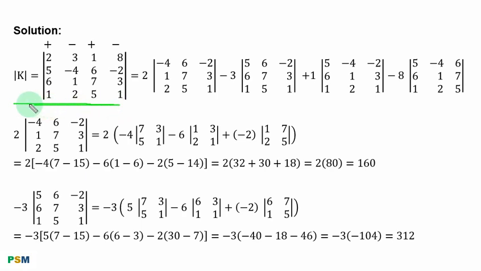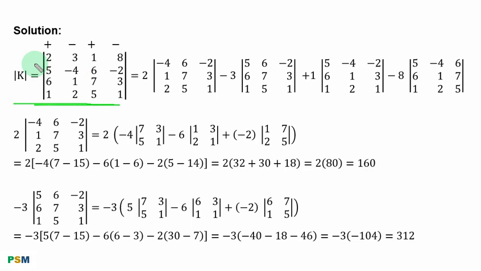So we are to reduce the given matrix to 2 by 2 matrices. To achieve that, you can expand either along the row or column. I'm going to expand along the row using row 1.